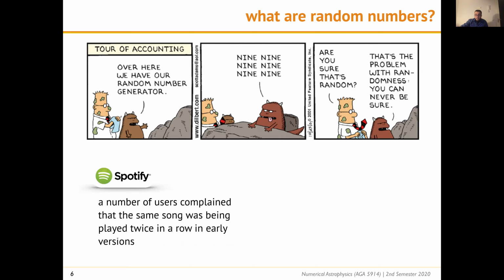Another interesting problem happened a few years ago with Spotify, which I think most of you have used. A number of users were complaining that in the earlier versions of the software, they were clicking on the symbol for shuffling, the two arrows crossing, which is the universal symbol for shuffling. Apparently their algorithm was not a shuffle. It was a random algorithm.